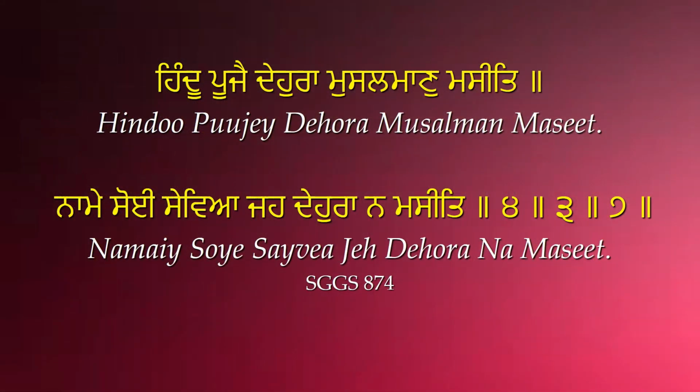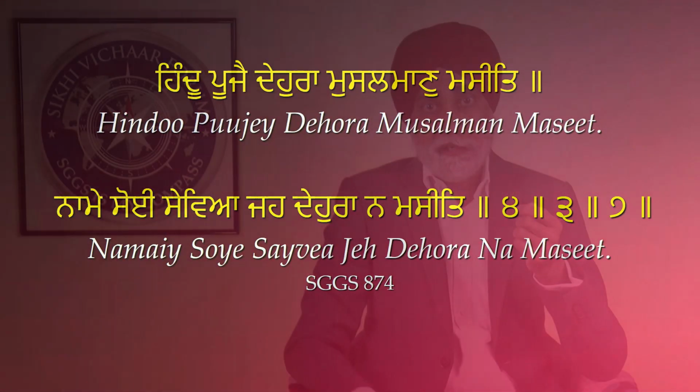Hindu Anna Turku Kana. The next verse is Hindu Puja Dehora Musalman Masjid, meaning, through your narratives, O clergy, you have caused people to worship you, worship the idols that you created, and worship the gods that you created in the houses of worship that you control.